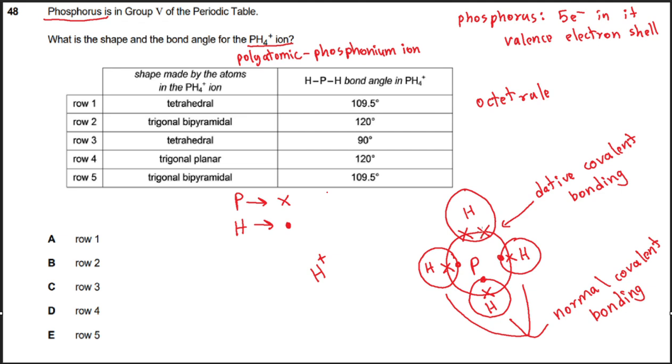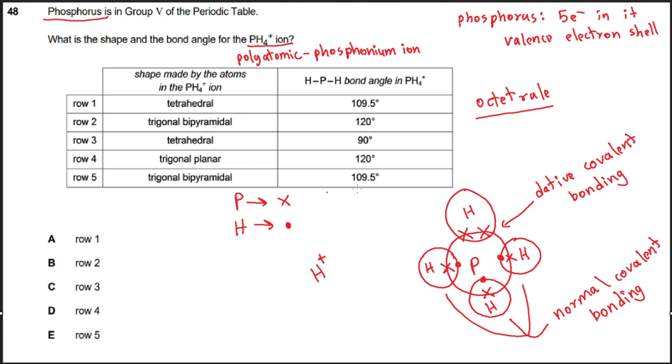So it doesn't have its own electron, because if it did, it would go against the octet rule, since the phosphorus atom already had 8 electrons in its valence shell from the three hydrogens that formed normal covalent bonds.